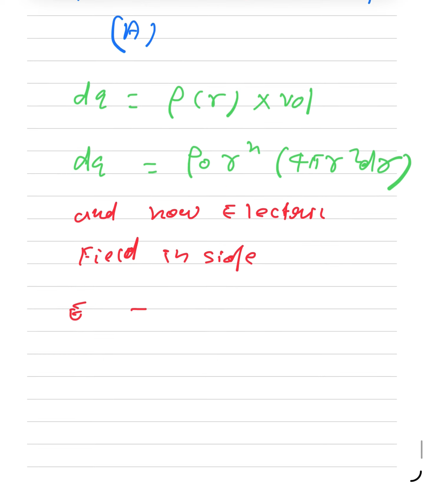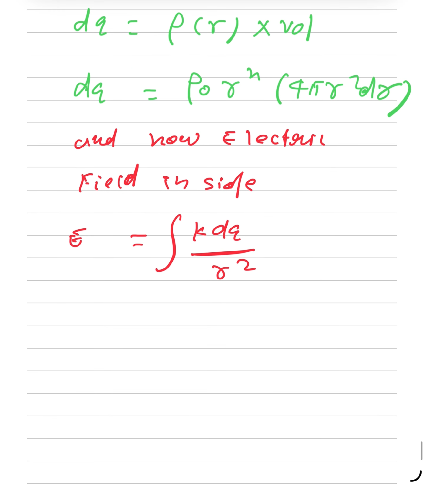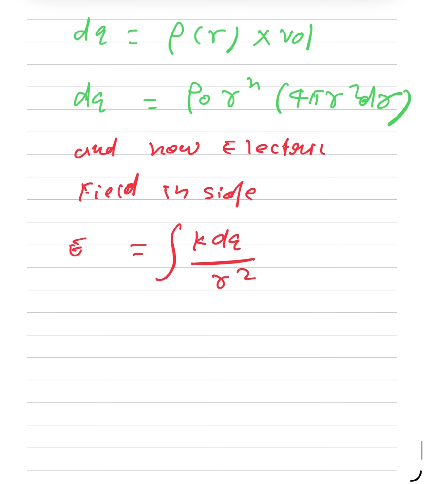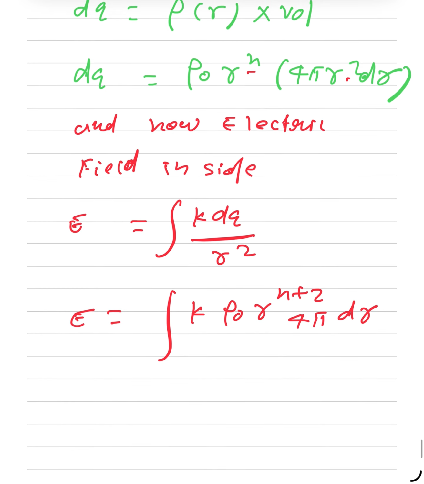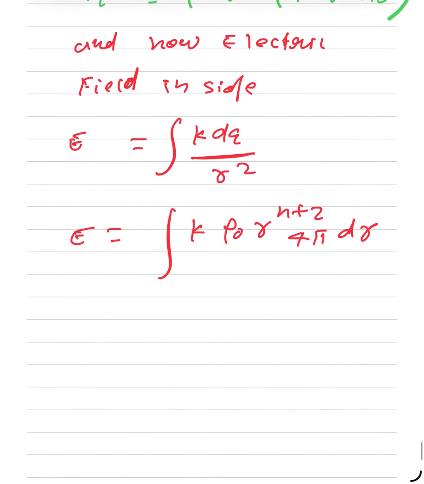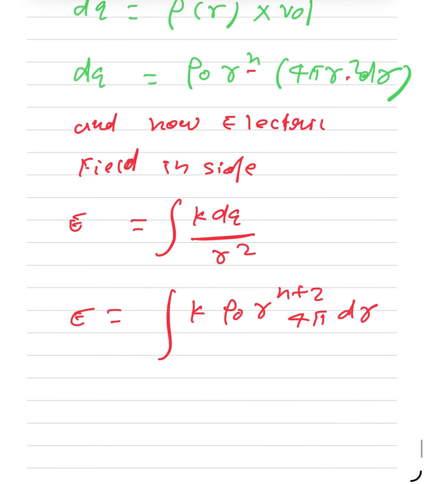E equals the integration of k times dq divided by r square, and putting in the value of dq: rho naught r power n plus 2, because here is r power n and here is r power 2, and 4 pi dr, divided by r square.